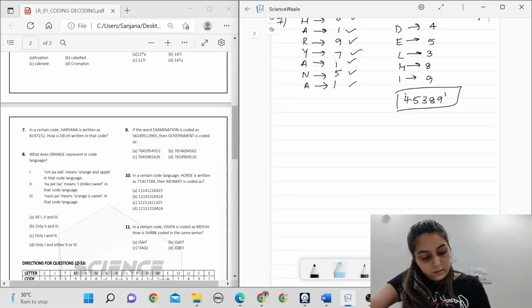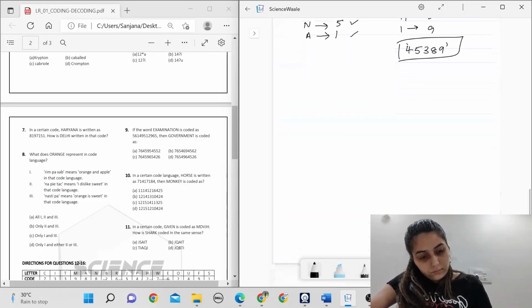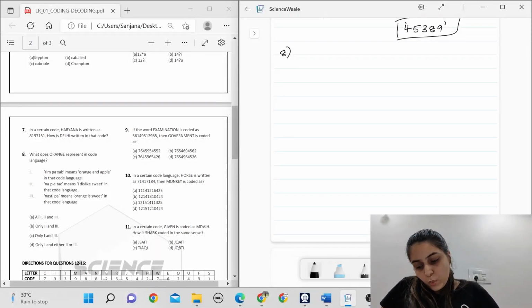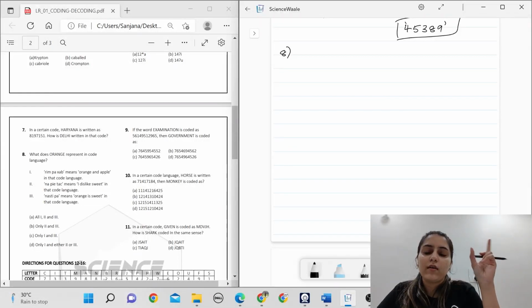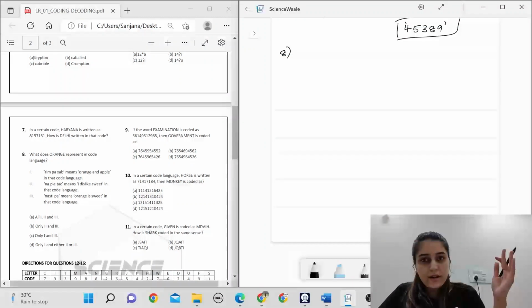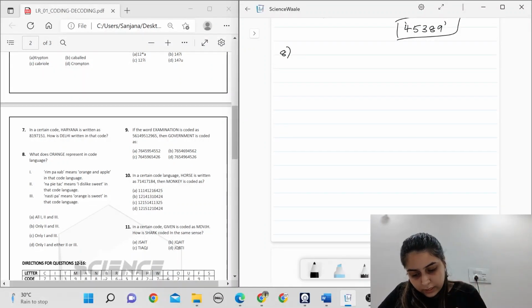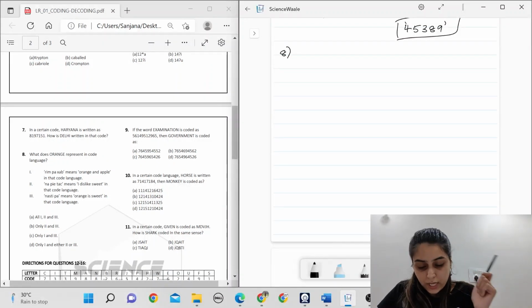Coming to the eighth question. What does orange represent in the code language? They have given us some code, and they have given some words and coded them to some general names, orange, apple and so on. So here Rim Pa Zab means orange and apple.